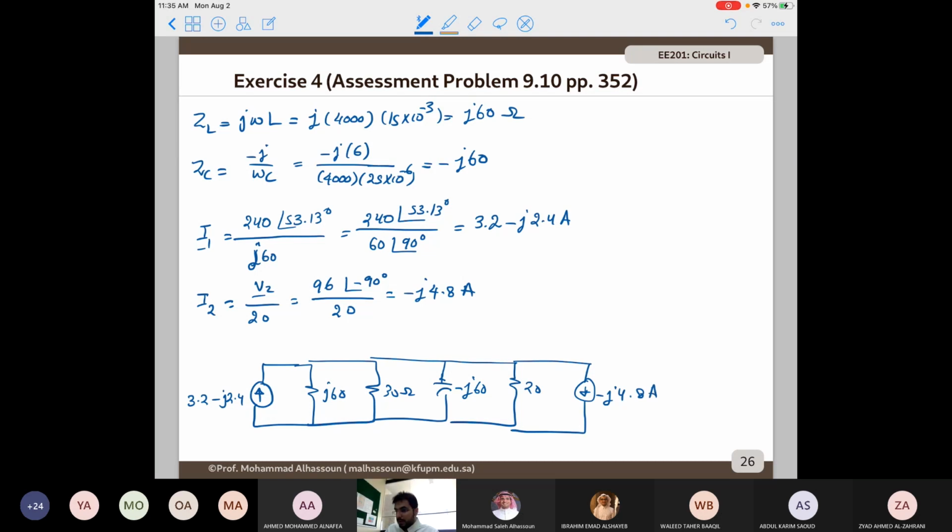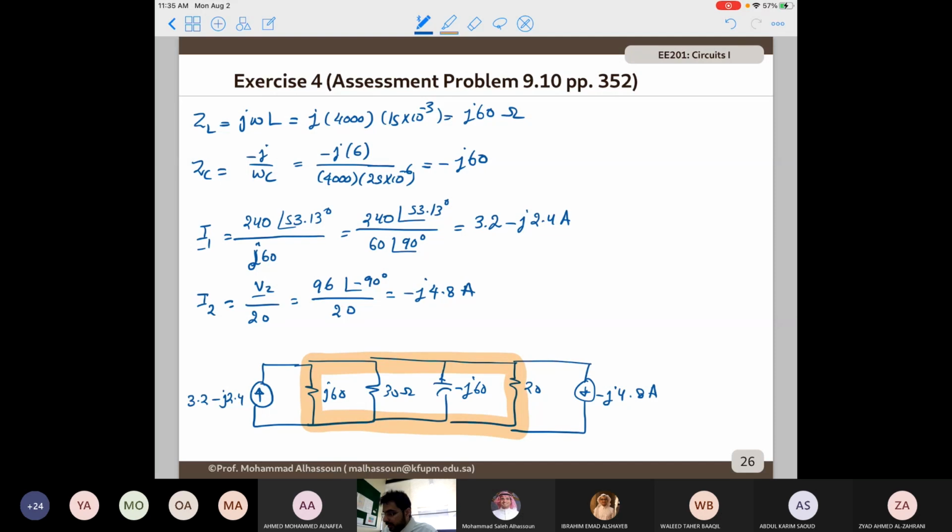Now the voltage that I'm interested in is the voltage across the parallel combination. So what I need to do is reduce the entire circuit into a current source in parallel with an impedance. So I need to find the equivalent impedance here.